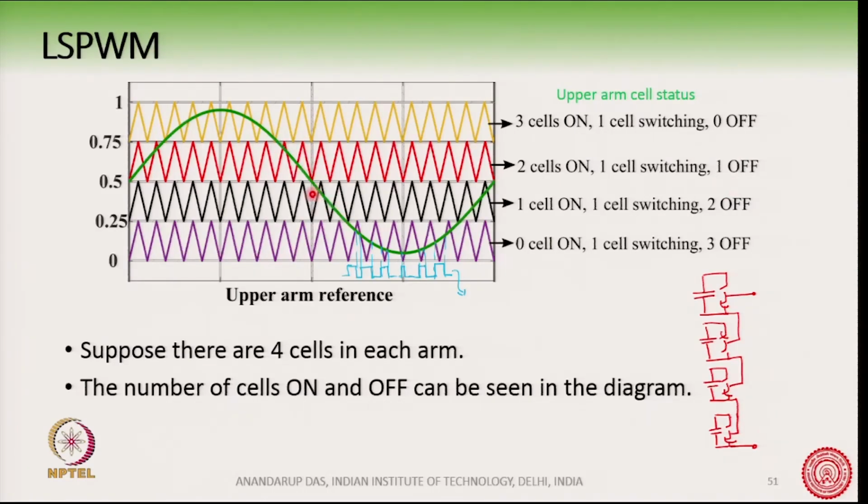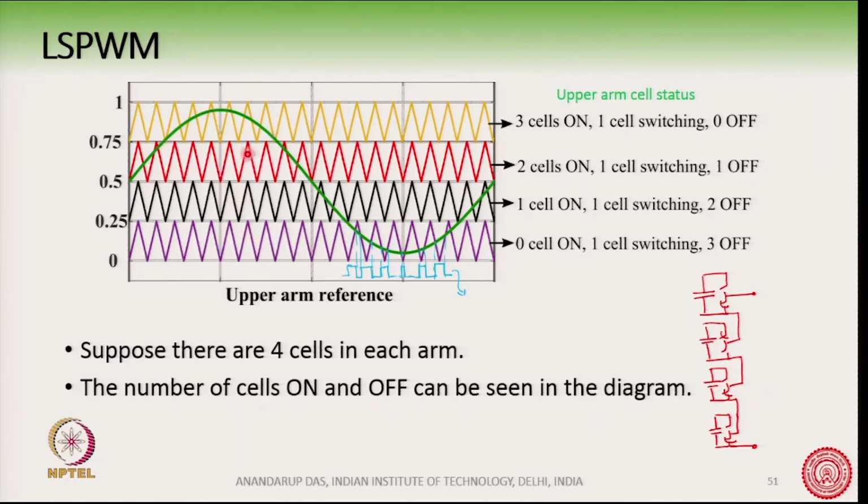In a similar way, during this point and this point, one cell has been fully turned on, because it will support the voltage of this much, and then one cell is doing the switching action and two cells are off. And lastly, when the reference waveform is here, then 3 cells must be supporting the waveform here.